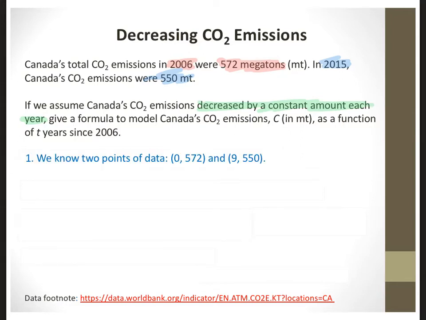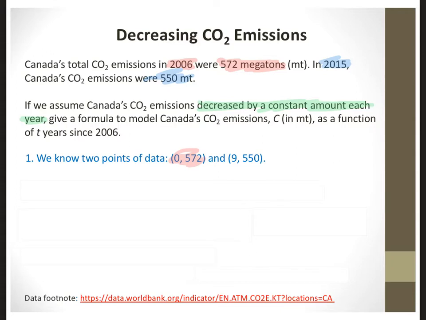Well, since we're measuring T as years since 2006, the red point corresponds to this one over here. That's saying that in 2006, that would be a T value of 0. That's 0 years since 2006. The emissions were 572 megatons.